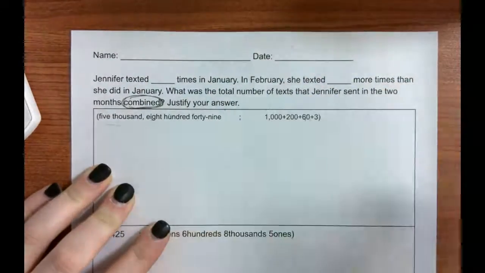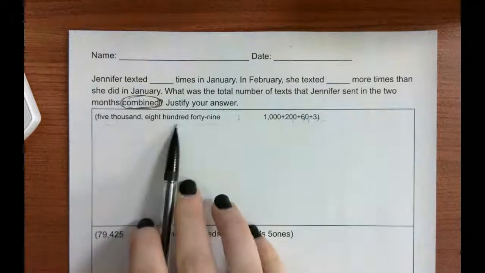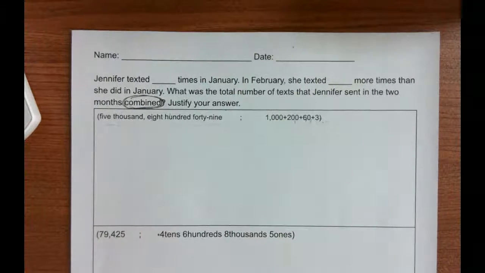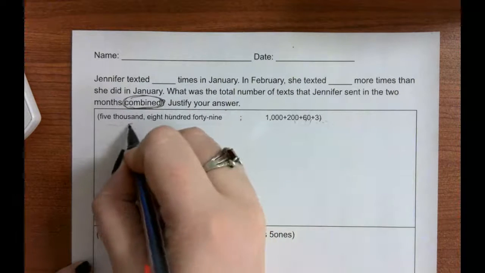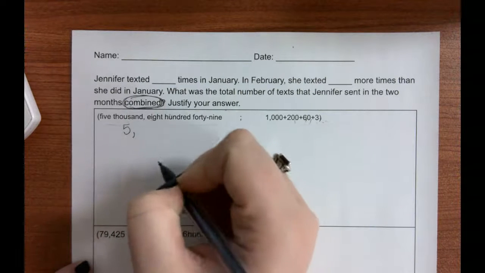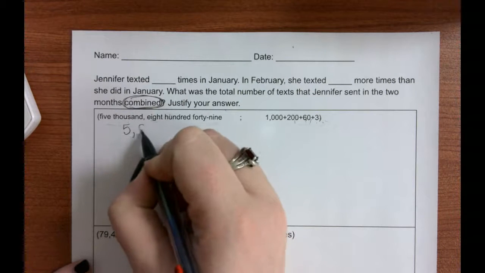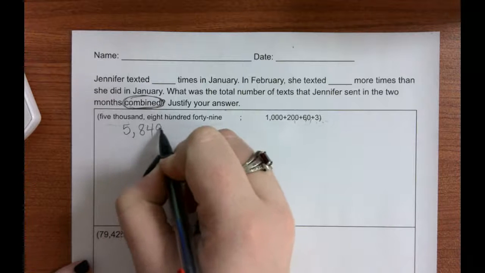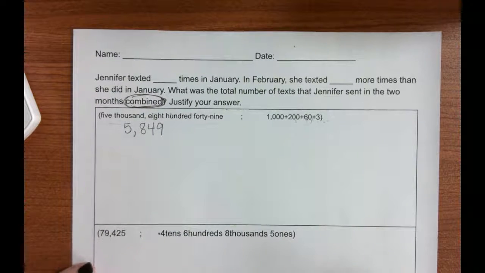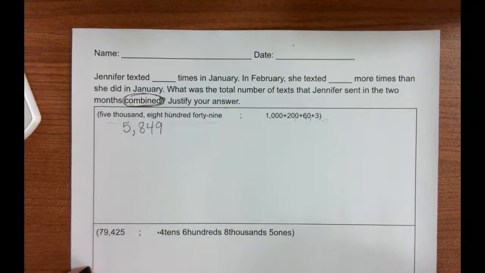So the first one says 5,849. How do I write 5,849? 5, comma, 8, 4, 9. So I know my first number is 5,849.